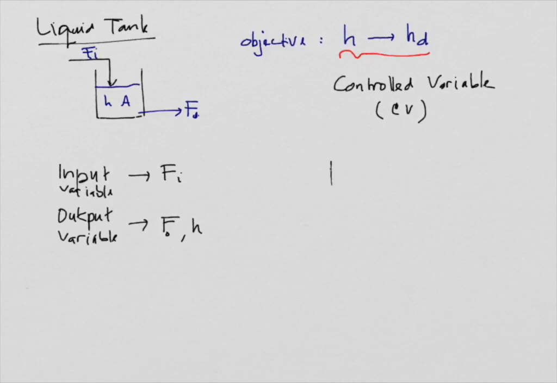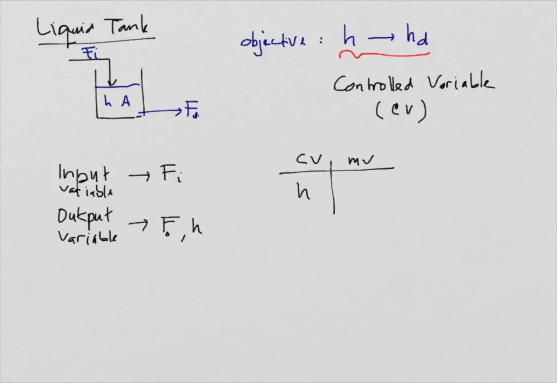We can classify two variables: control variable and manipulated variable. What is the control variable in the system? Is H, the level of liquid in the tank. We want to control this variable. And how can we maintain the level of liquid?